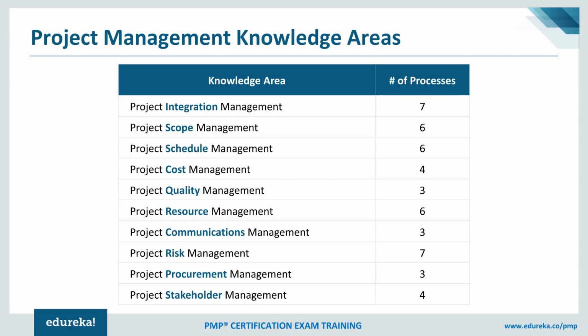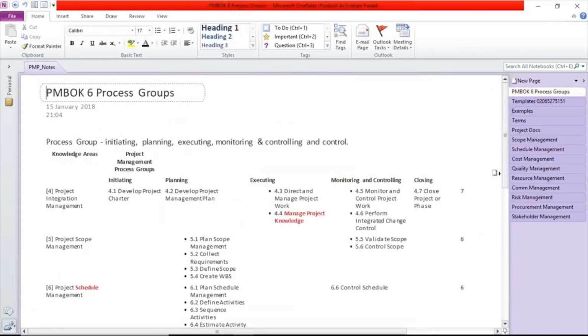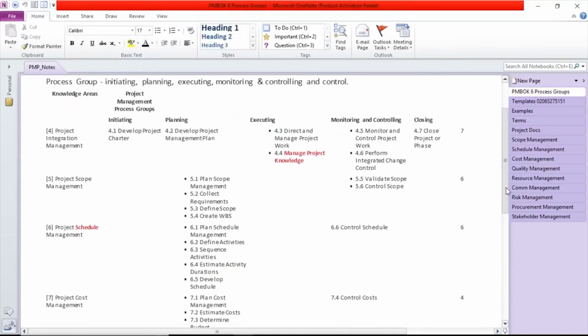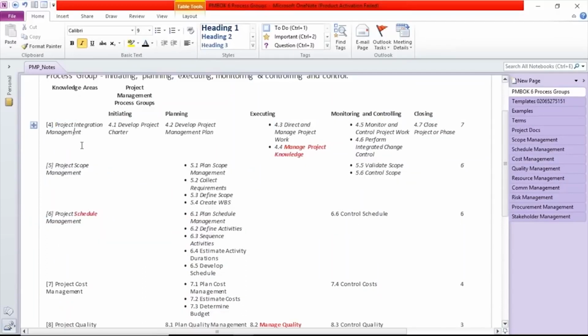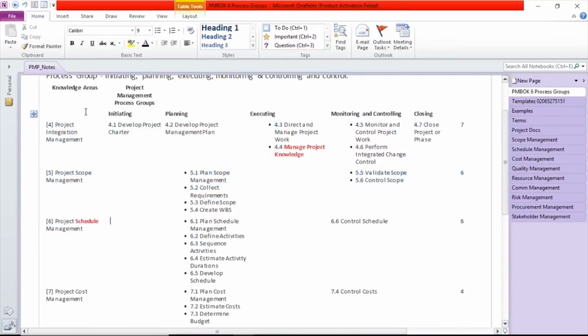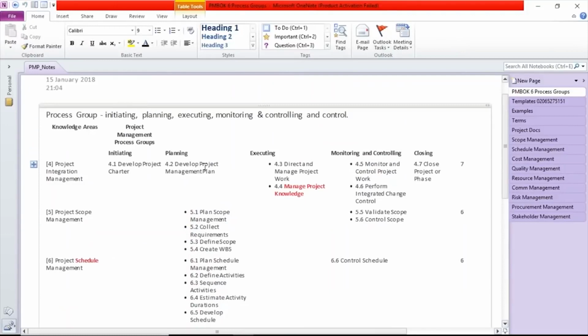I'll give you another view, which will help you get a fair idea about how the knowledge areas, process groups, and different processes fit together. This gives us a larger picture. The leftmost column is the different knowledge areas, and the ones at the top are the process groups: initiating, planning, executing, monitoring and controlling, and closing.